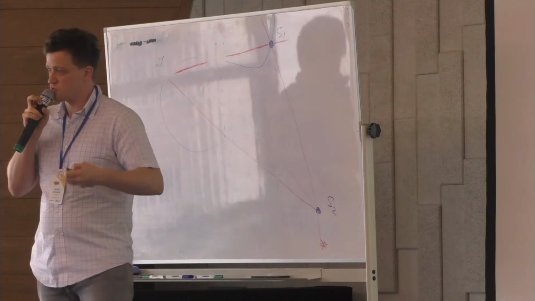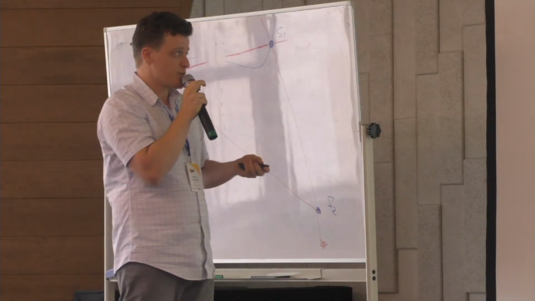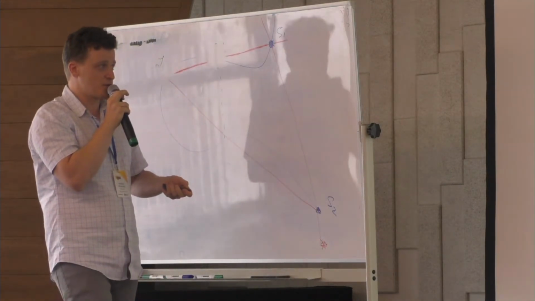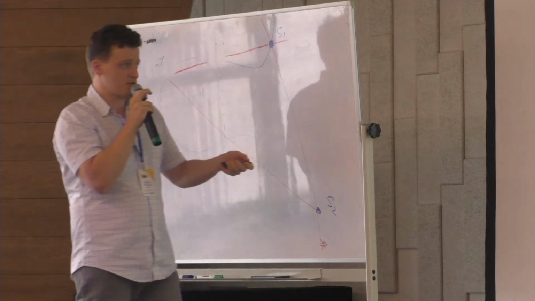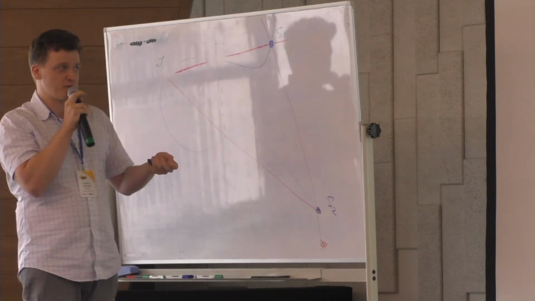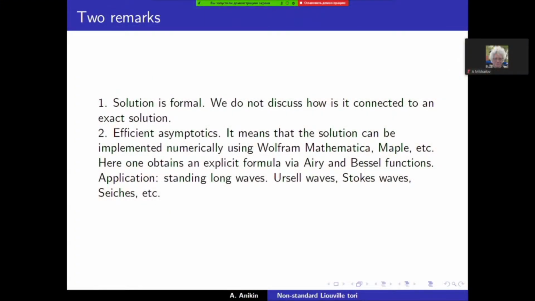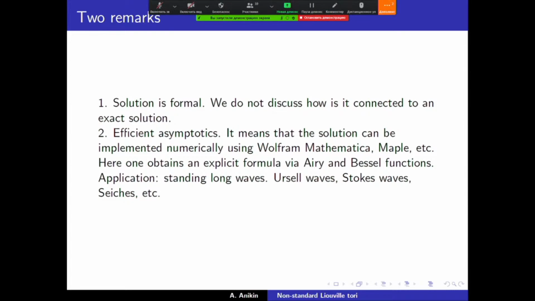Formal solution in a sense that the error is small, and not in a sense that it is close to some exact solution. And the second thing, which is actually more important for us, is that our asymptotic formulas must be efficient. What do we mean by efficient? Well, it means that the solution must be practical. So it may be viewed as an algorithm ready to be implemented numerically using software like Wolfram Mathematica, Maple, and so on.